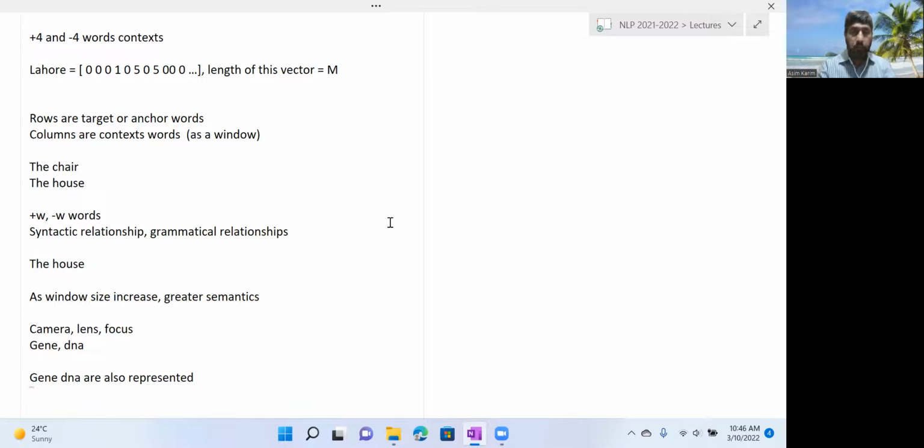So as I said, if the window size is smaller, syntactic information is retained or prominent in the representation. If you increase the window size, then semantic information becomes more prominent. Okay. So typically, window size +1, -1 is not used. We usually use window size of +3, -3, +4, -4, +5, -5, maybe even up to +7, -7.